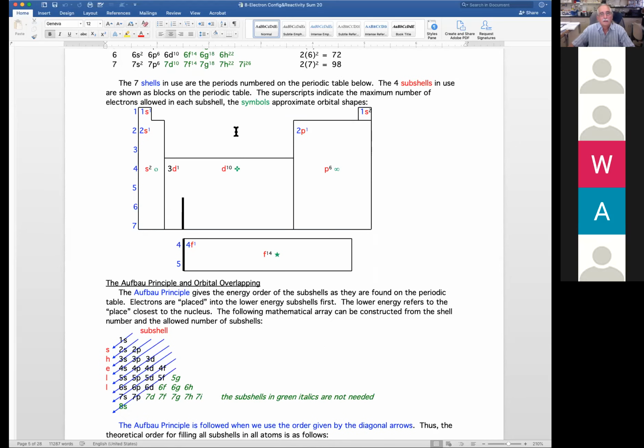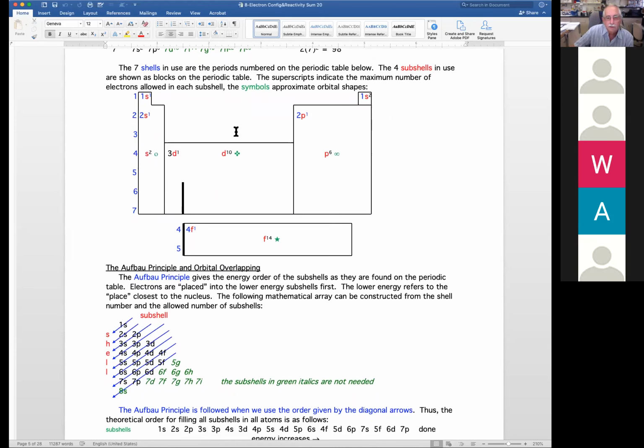Okay. Thank you. So look what happens, and you can take your periodic table and follow along here. So it goes 1s, and then 2s, 2p, 3s, 3p, because these are the p's, and then you come 4s, and then 3d. Look on your periodic table.